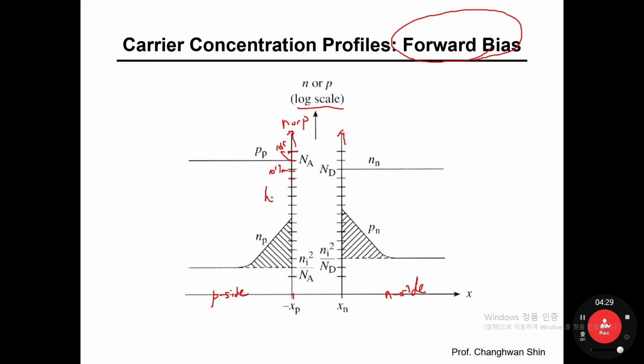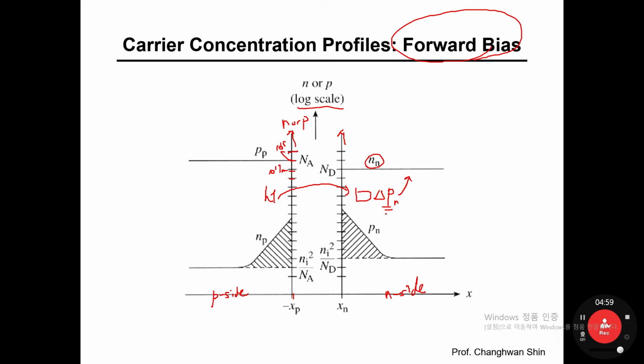Okay, so under forward bias, many holes in the P side can be injected into the N side. However, the total amount of holes, delta p, in the N side can never significantly affect the majority carrier concentration. In this N side, the electron concentration can never be significantly affected by the injected holes from the P side.